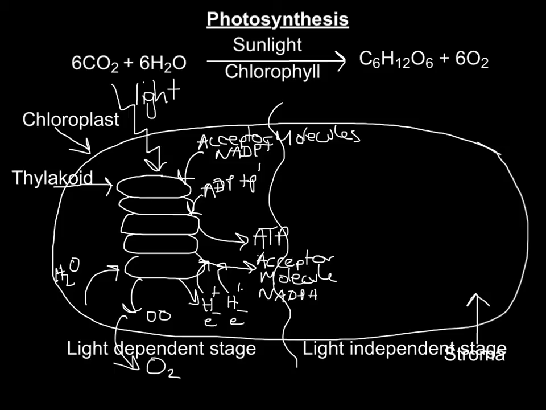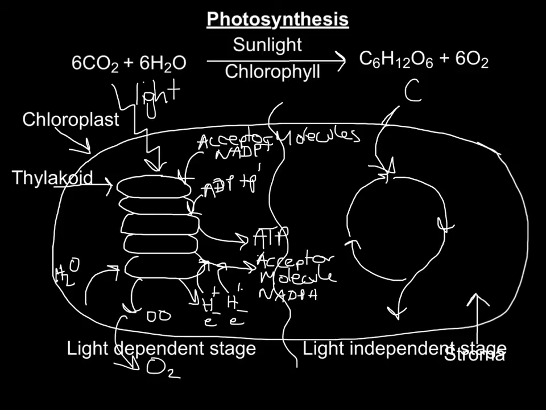So moving on to the light independent stage, which occurs in the stroma, we're going to keep it really nice and simple. Basically, we have a cycle, which we call the Calvin cycle. So if I draw a little cycle there, we've got our cycle which goes around, and into our cycle we have carbon dioxide, and out of our cycle, you might have guessed already, we have glucose, C6H12O6.